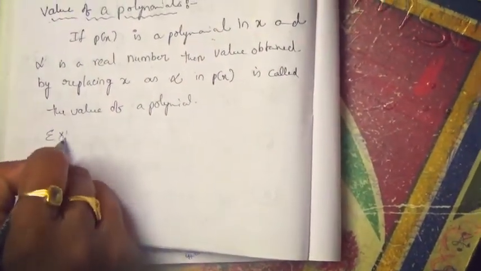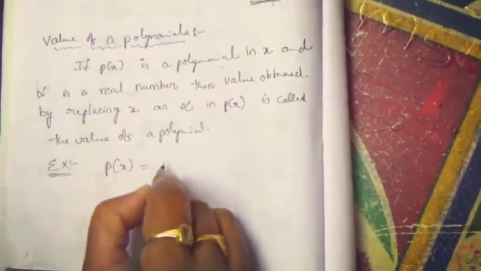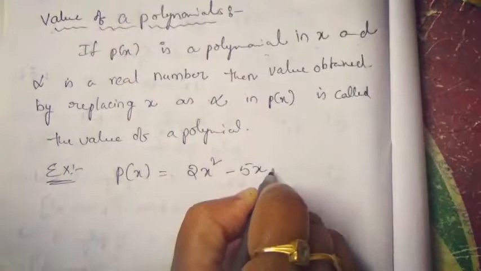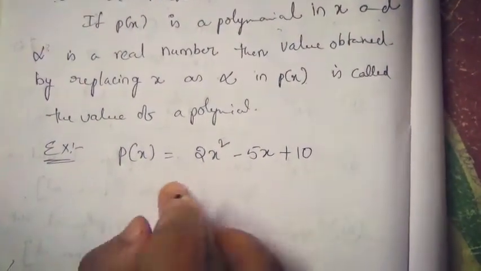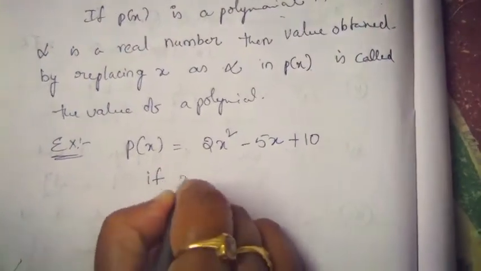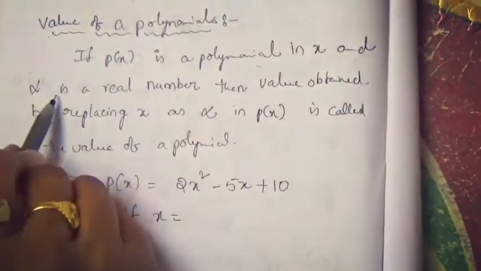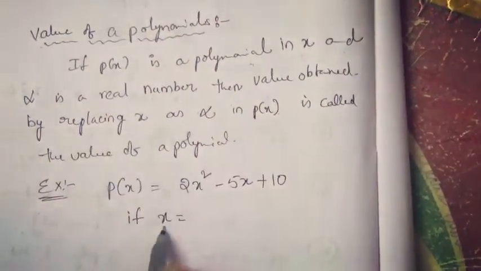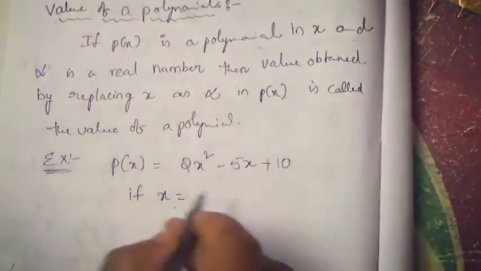I'll explain this by using an example. So take the example, p of x is equal to 2x square minus 5x plus 10. It is a polynomial. If x is equal to any constant value, here alpha is a real number, then the value obtained by replacing x as alpha means any real number.